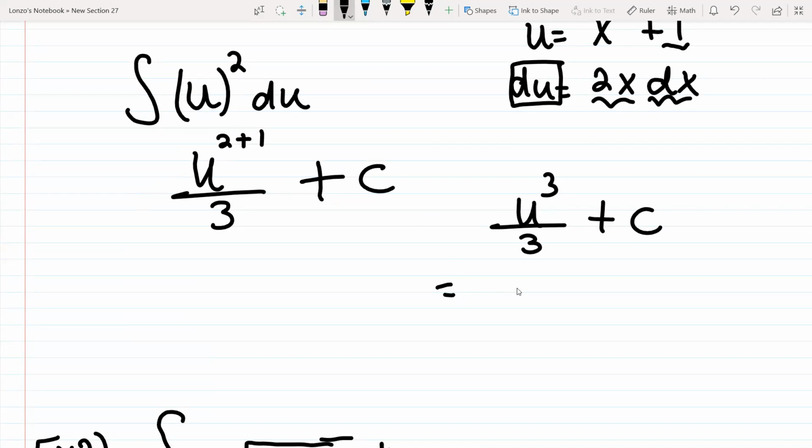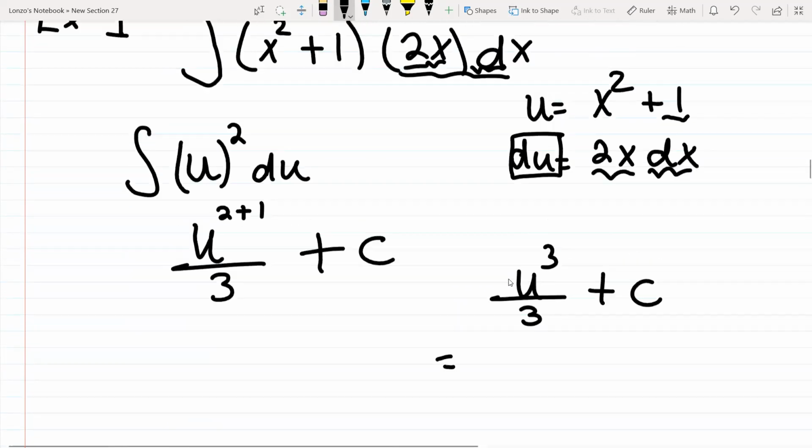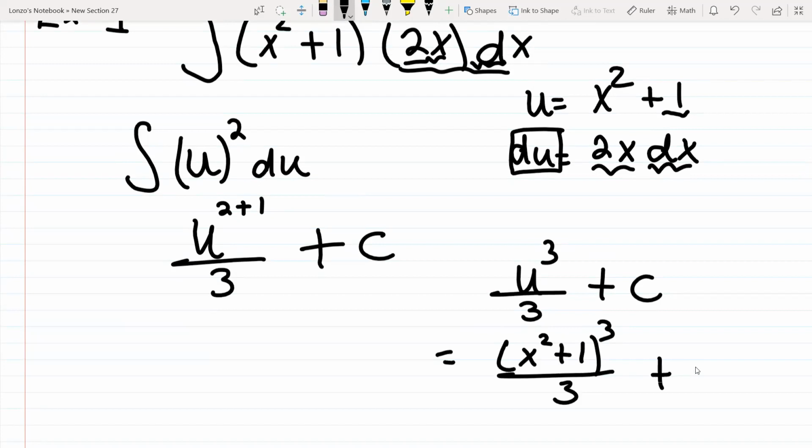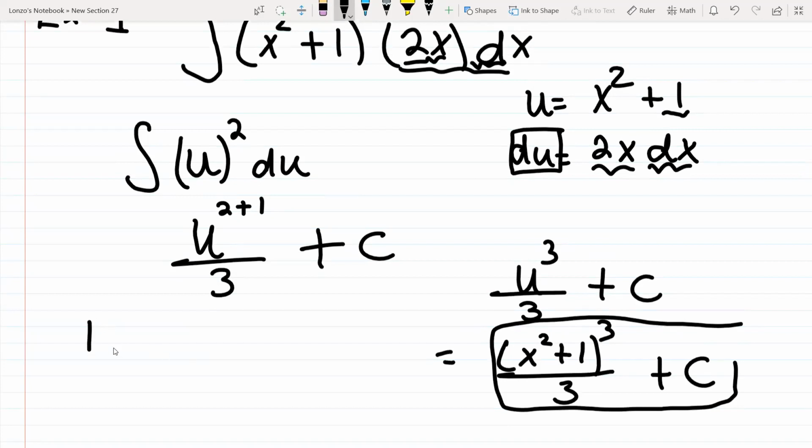Then you can replace u with x squared plus 1, so it's (x squared plus 1) to the third all over 3 plus c. That would be your final answer. You can also write it as 1/3 times (x squared plus 1) raised to the third power plus c. That's the same thing. So that is example 1.